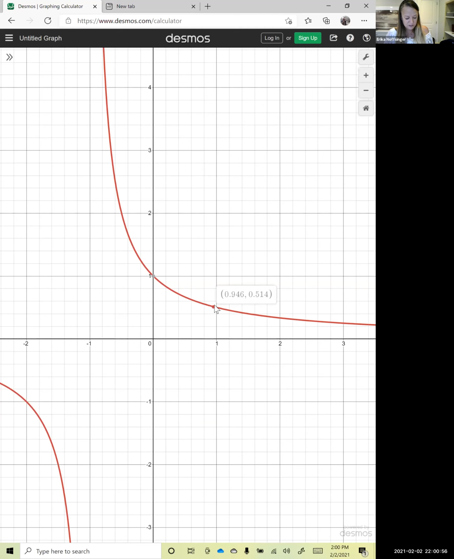Really there should be an open circle on this graph. If I hit 1, it should tell me it's undefined. There, 1 undefined. There should be an open circle here, but basically what your computer program is doing is it's getting really, really close to that x equals 1, and it's seeing that that y value is 1/2.